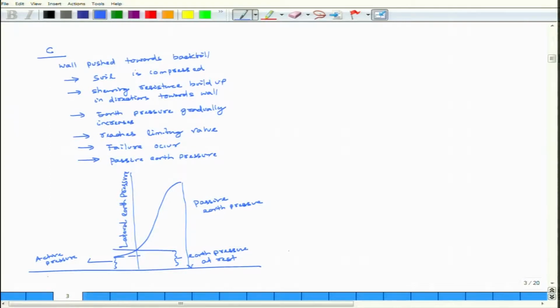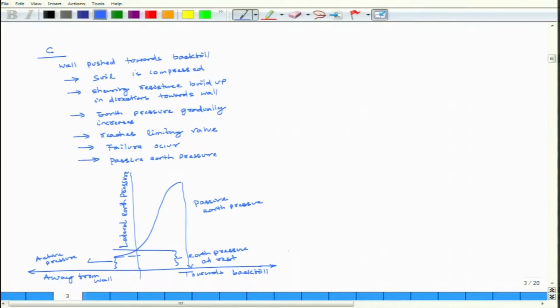So, I can write it here: it is away from the wall and it is towards the backfill. This is away from the wall, this will be towards the backfill.